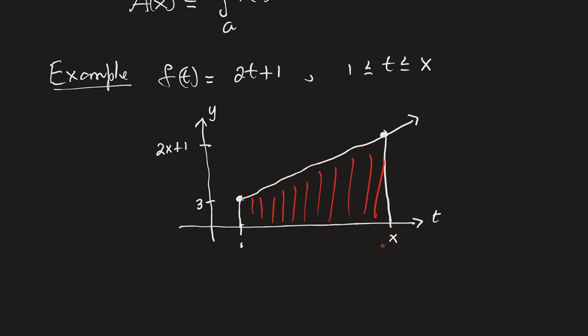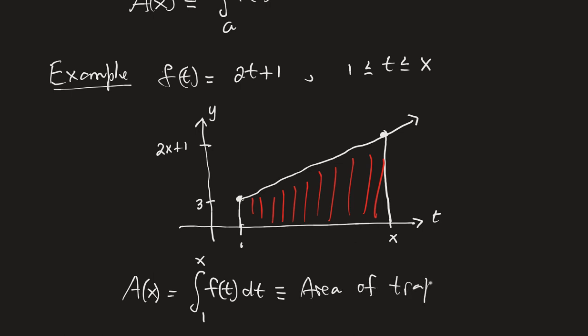It's just that now I am keeping the upper limit as a variable, right? So our area function, symbolically, is the integral from 1 to x of f of t dt. But this, again, represents the area of a trapezoid. So if we can apply geometry, we can actually figure out what this area function is. We could actually find its value, right?